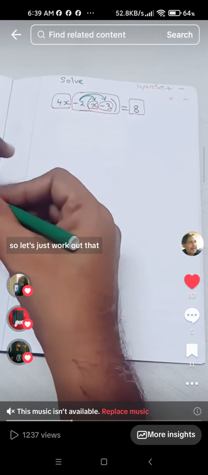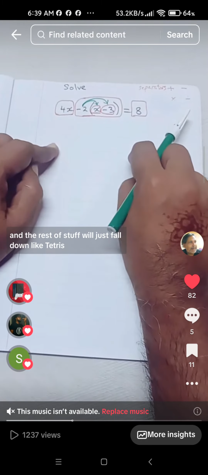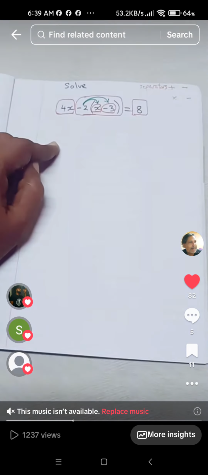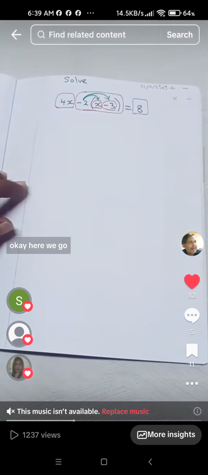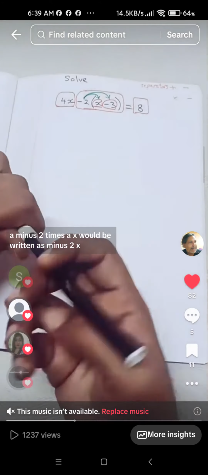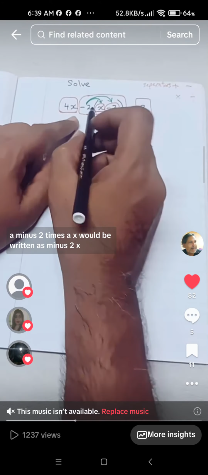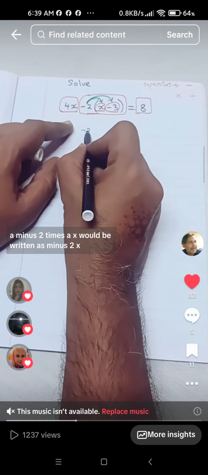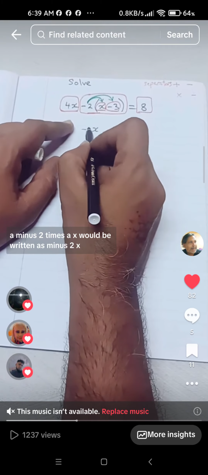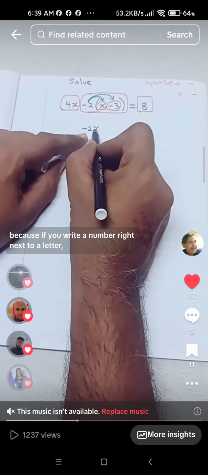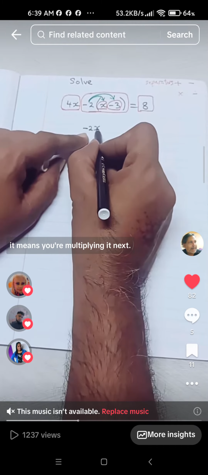So let's just work out that, and the rest of the stuff will just fall down like Tetris. Okay, here we go. A minus 2 times an x would be written as minus 2x. Because if you write a number right next to a letter, it means you're multiplying it.